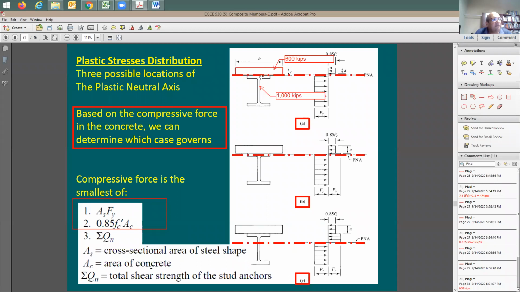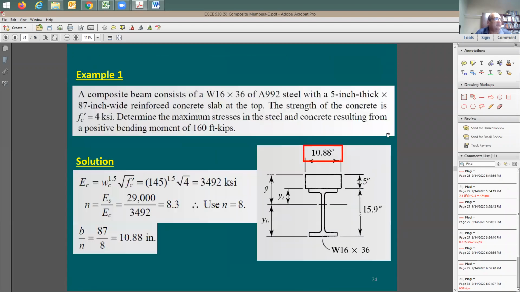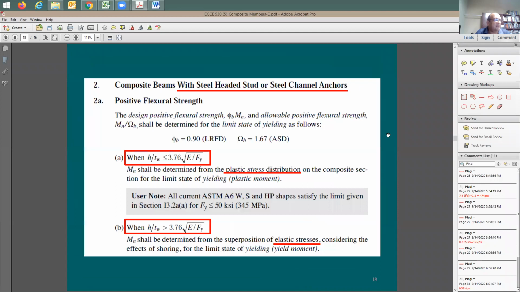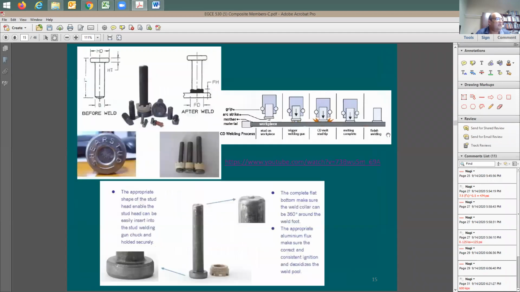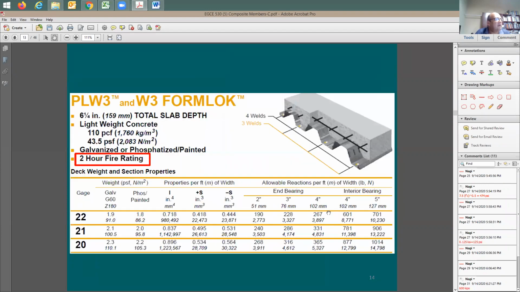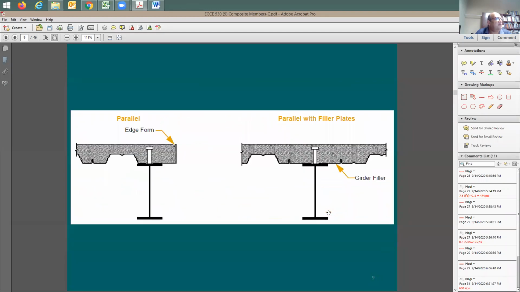You say you need to have enough studs, mechanical connectors. If you'd like to remember what is a mechanical connector, I'm going to take you back here to these Nelson studs, the mechanical connectors, these connectors here that we have watched a video for. I'm talking about this connection here, this connection between the concrete and steel. These Nelson studs, in this case, are going to be seeing this force, whether it's tension or compression, like compression in the concrete or tension in the steel.